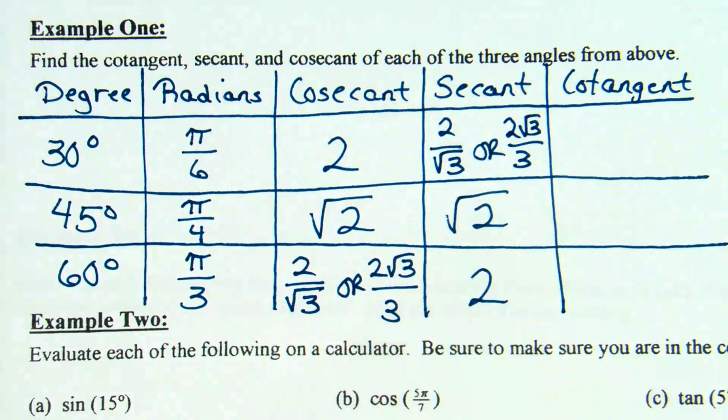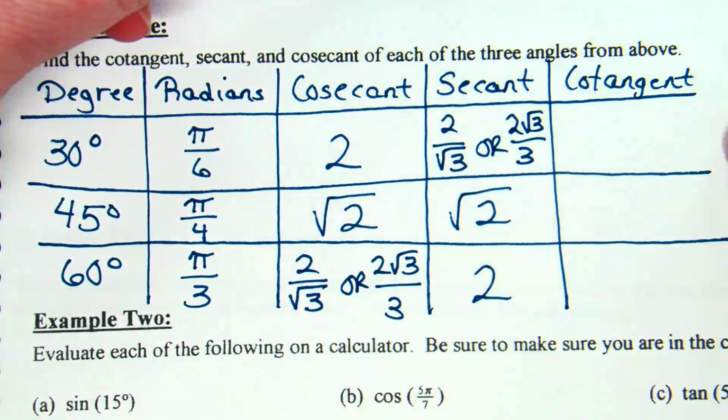Okay. And lastly, the cotangent column. How do I fill in the cotangent column? We're going to do the reciprocals of tangent. So, cotangent of 30. The reciprocal of 1 over square root of 3 is square root of 3 over 1. Cotangent of 45. What's the reciprocal of 1? 1.